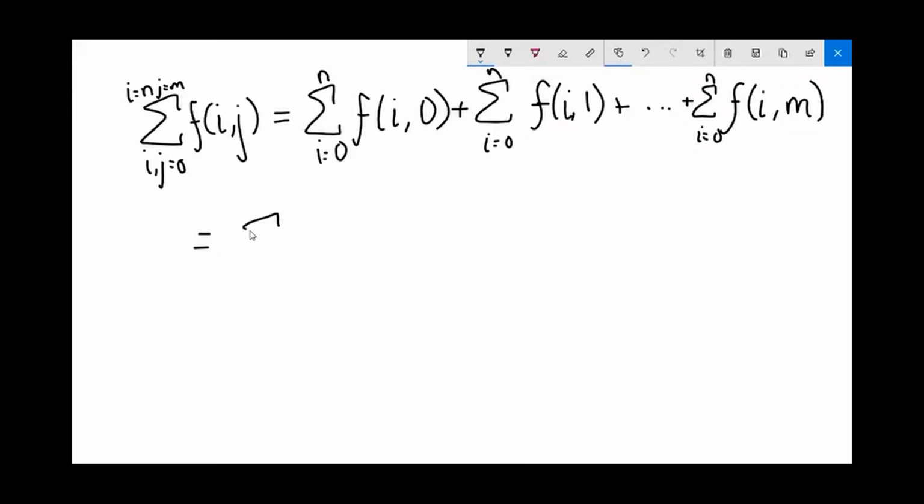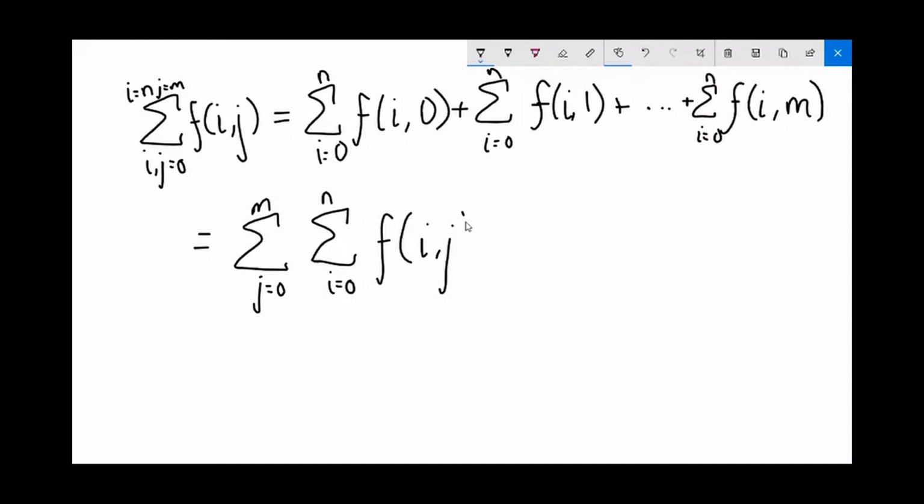into two summations. So the sum of all of these will be running through j equals 0, which is our first term here, all the way to m, of the summation of i equals 0 to n of f(i, j).